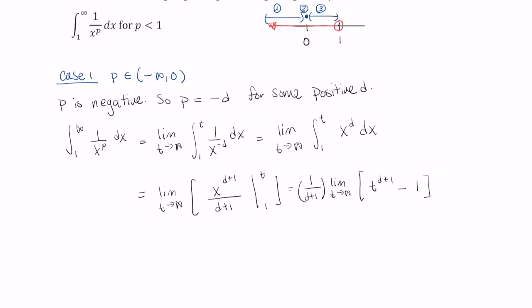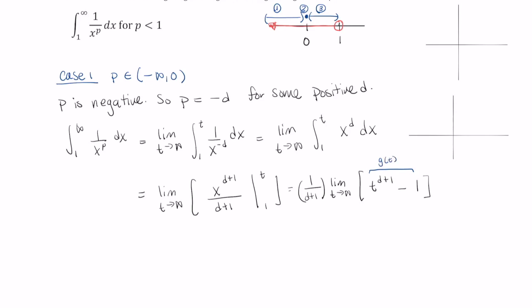Now what does this look like? Well, if d plus 1 is even, then the graph of t to the d plus 1 power minus 1, and to save myself from having to write this over and over, I'm going to call this g of t. So this entire quantity in the limit, I'm going to call g of t.